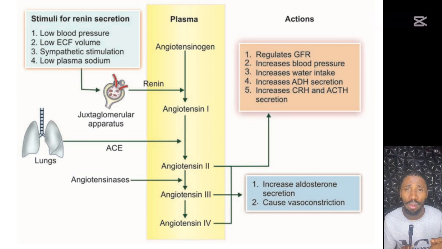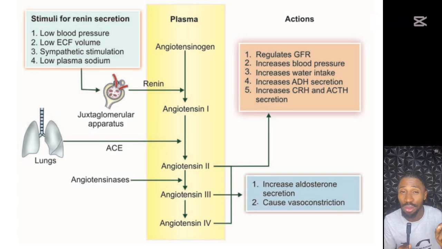One thing you have to know: renin is secreted from the juxtaglomerular cell. When secreted, it enters the blood and acts on angiotensinogen, converting it to angiotensin 1, which is a decapeptide. Angiotensin 1 flows into the lungs and is acted on by a lung enzyme called angiotensin converting enzyme, which converts angiotensin 1 to angiotensin 2.